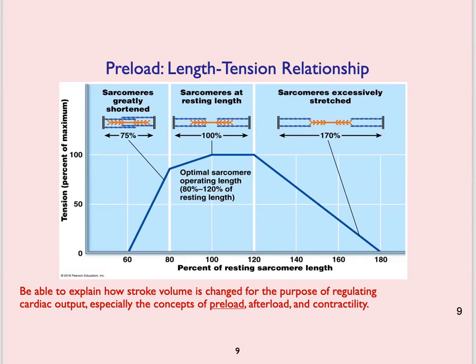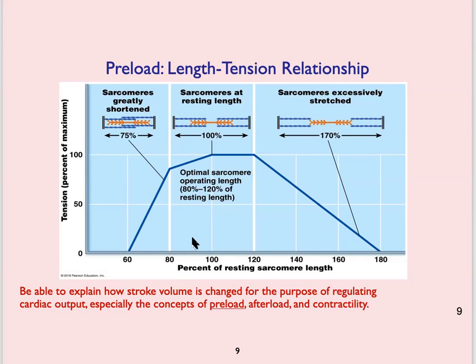The most important factor in preload stretching of the cardiac muscle is venous return, meaning the amount of blood returning to the heart. Well, why is that? If you think about it, when you increase venous return, in other words increasing the end diastolic volume or EDV, it distends or stretches the ventricles.